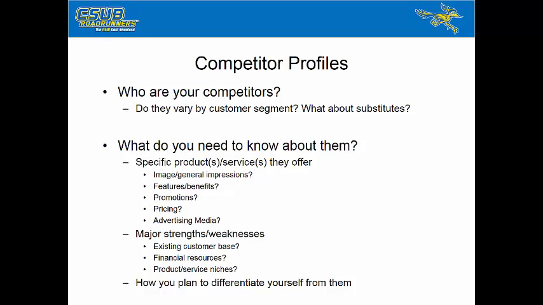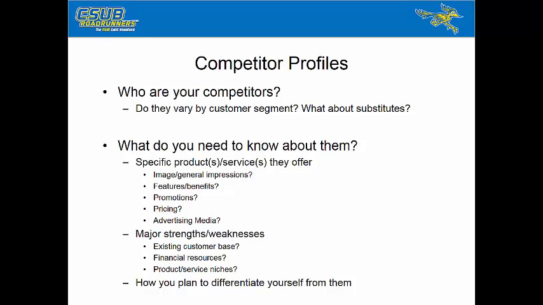You want to know what their main features and benefits are. You want to know what promotions the competitor offers, what their price point is, and what advertising media they advertise on to try and reach customers.